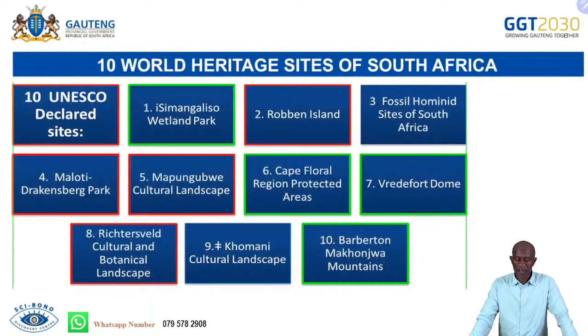The Cape Floral Region Protected Areas. The seventh one being the Vredefort Dome. The eighth being the Richtersveld Cultural and Botanical Landscape. The ninth one is Khomani Cultural Landscape. And lastly, you have Barberton Makhonjwa Mountains.